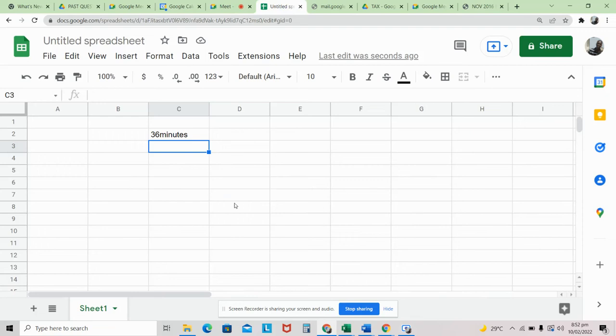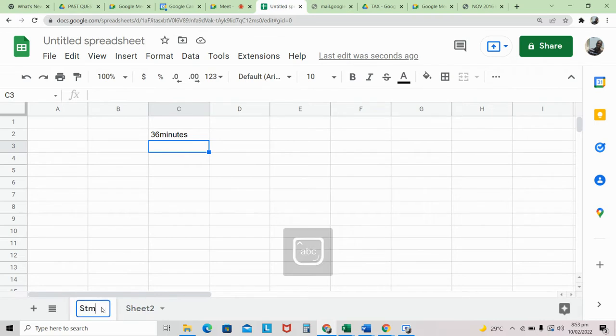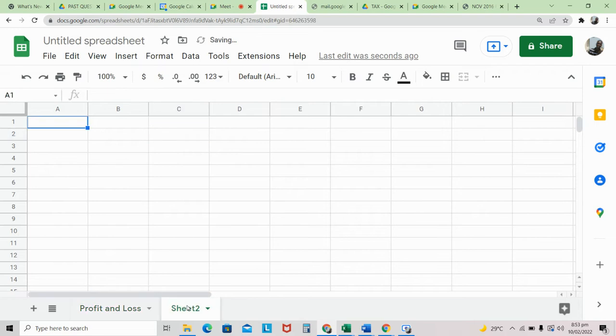In your examination, when you are going to solve this question, you have to dedicate one page for statements of profit and loss, then another page for balance sheets, like the way I'm doing, and then another page for your workings.